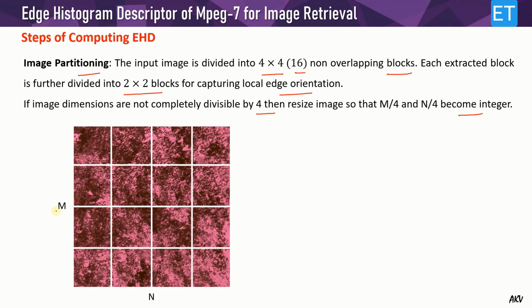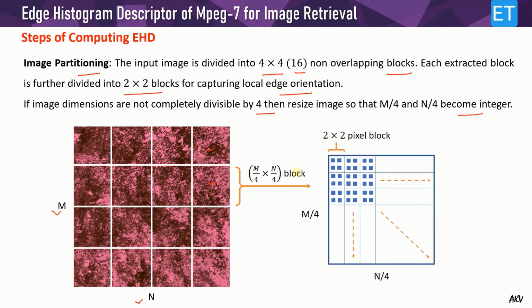So you have an image of dimensions m by n. It can be divided into a total of 16 blocks in the 4x4 grid. Obviously the size of each block will be m/4 by n/4. In my coming discussion, I will refer to any of these blocks as an m/4 by n/4 block.